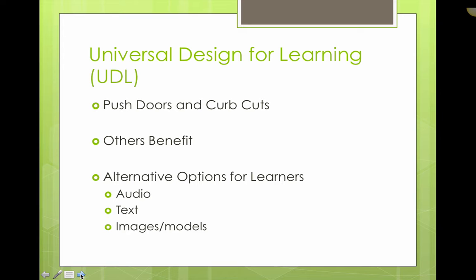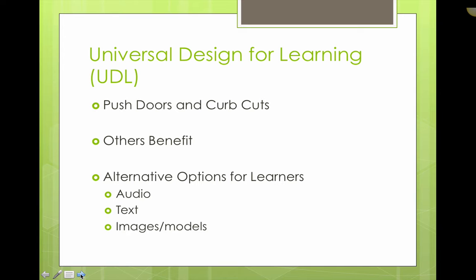Same with push doors. Instead of turning a knob and pulling a door, you can press on the bar to push in, providing access and greater range for everybody. So in universal design, both in the architectural sense as well as for learning, if these principles are applied, then others benefit. How that might look in schools is if we provided a means of access to the curriculum that had audio, images, text, models, video.